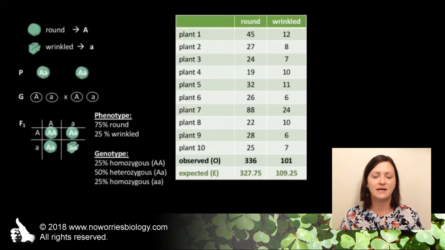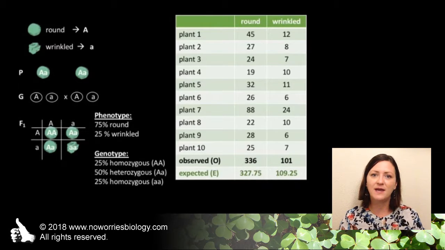Projecting our statistical expectations to this overall number of seeds, we would expect to see 327.75 round seeds and 109.25 wrinkled seeds. So the observed and the expected frequencies are similar, but are they similar enough to support Mendel's hypothesis?